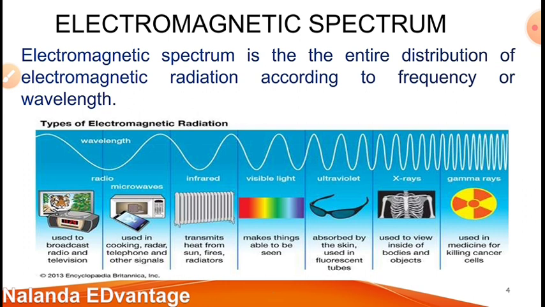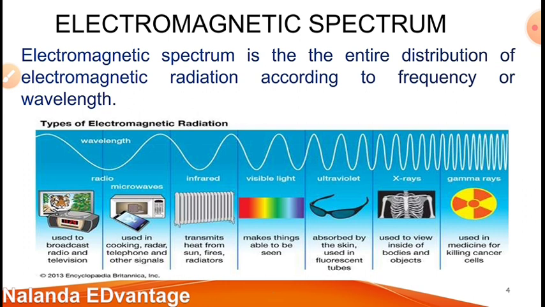These are the various uses: radio waves are used in radio and television broadcasting, microwaves for cooking and other signals, infrared for IR cameras, heat transmission and radiators. Visible light is the light that we can see, in the range of 400 to 700 nanometers.